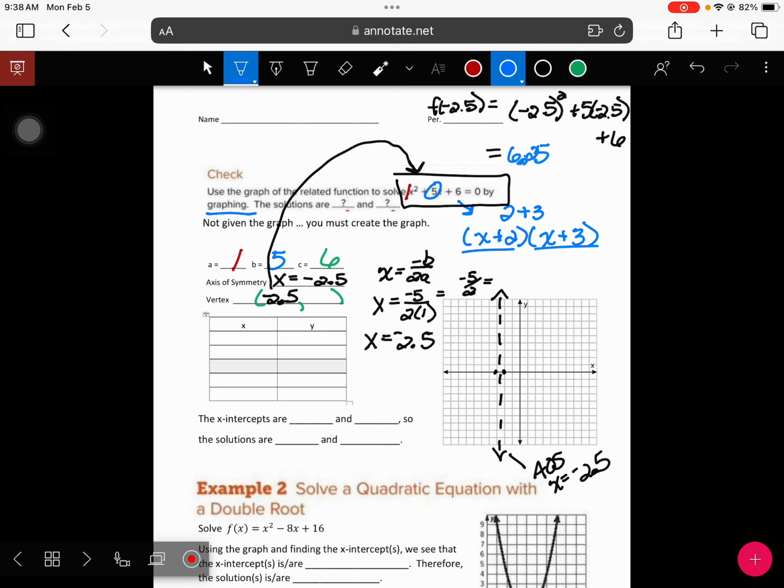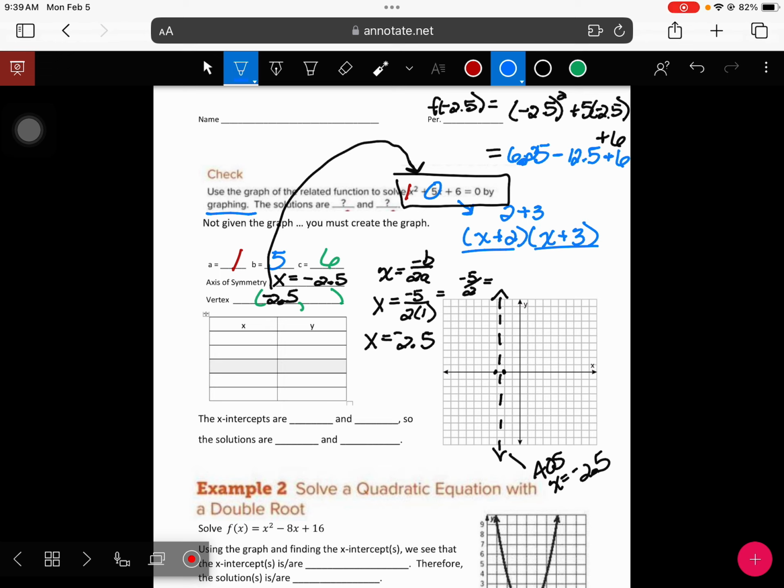Okay. And then we have 5 times negative 2.5. Negative 12.5. And then we have plus 6. Now, I made the mistake earlier and I said, oh, well, that all zeroes out. Add those together for me carefully and tell me what we get.